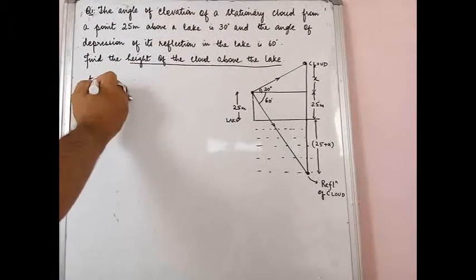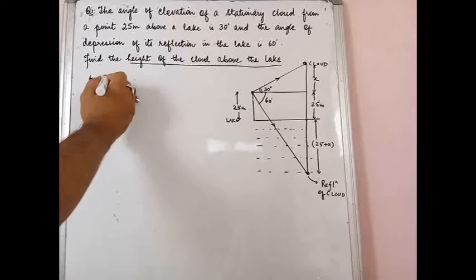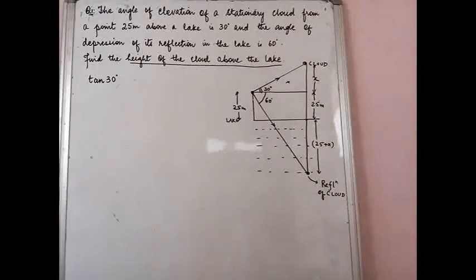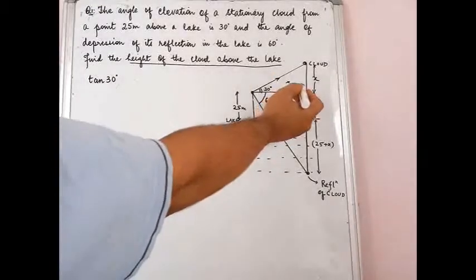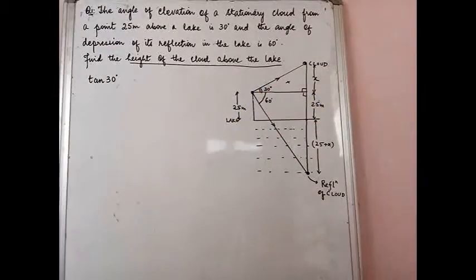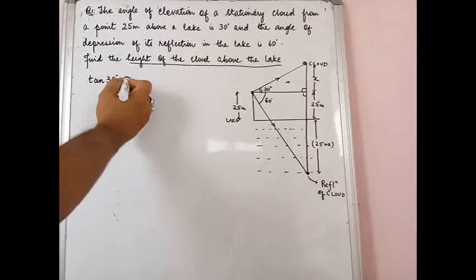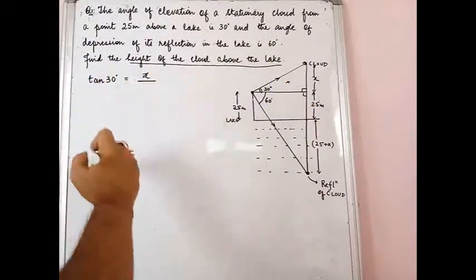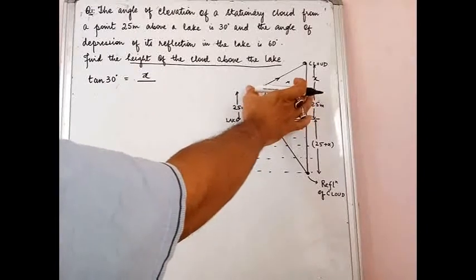So the first equation that you can obviously have is tan 30 degree. I am obviously taking this particular right angle triangle. See, these are all right angle triangles. So tan 30 degree is going to be perpendicular, which is x, upon base, this base over here.